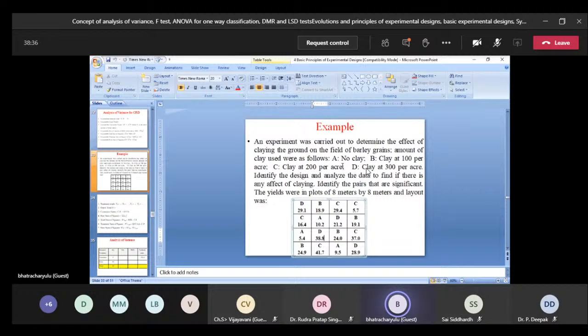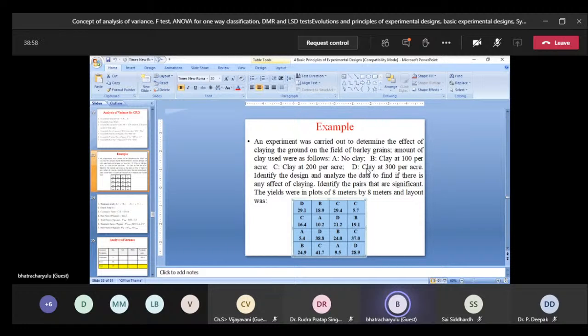And corresponding to A, how many observations are there? You have to consider that.